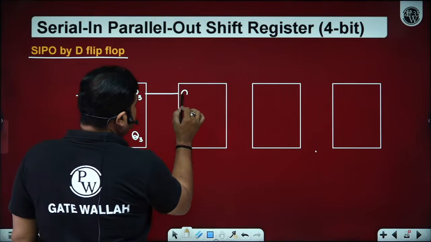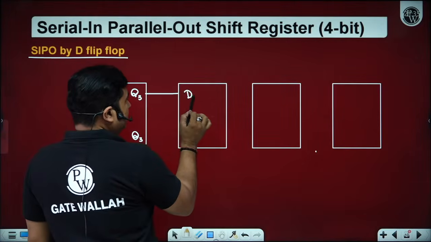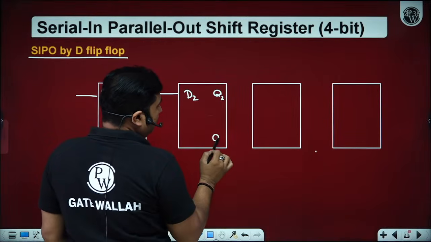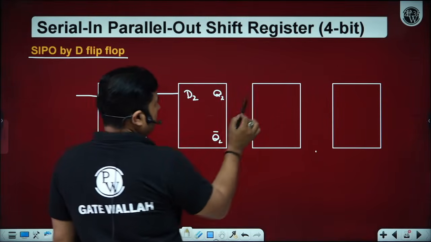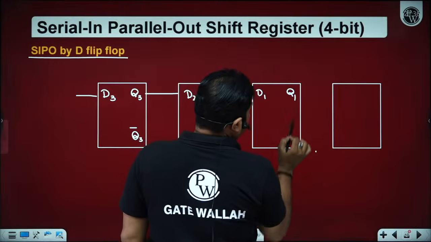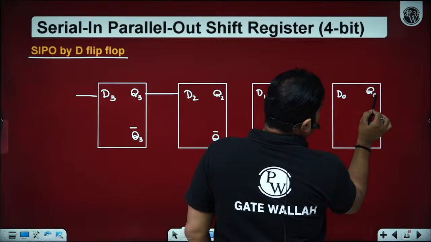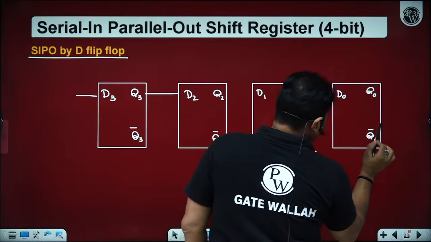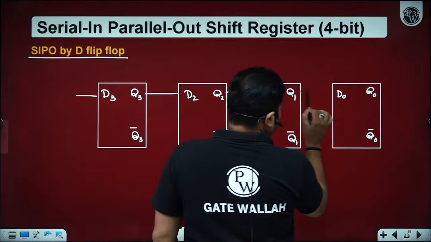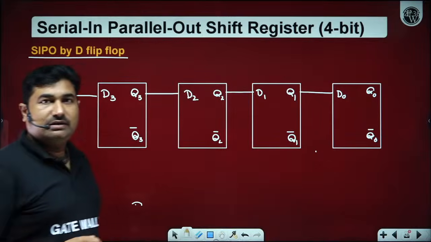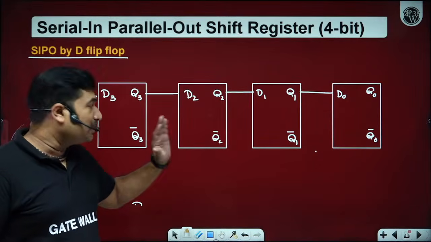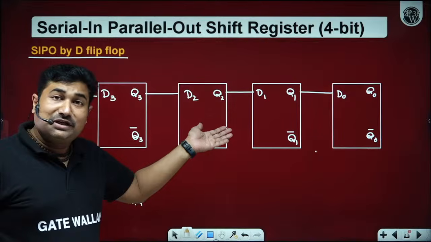Please observe, beta ji. D2, Q2, Q2 bar, D1, Q1, Q1 bar, D0, Q0, Q0 bar. Now you can see why it is called a shift register, because the input to D2 is Q3.